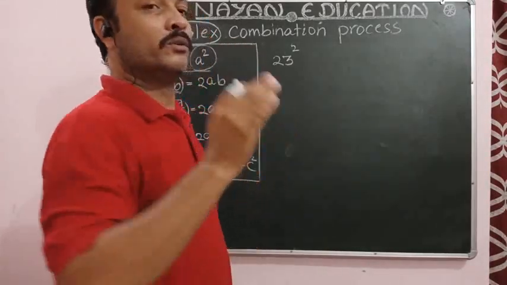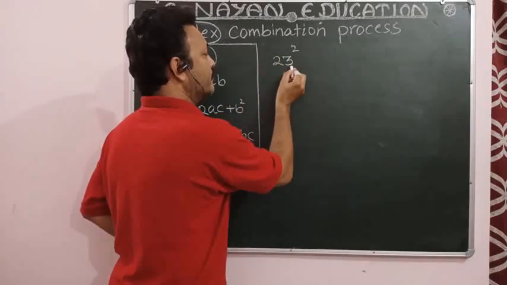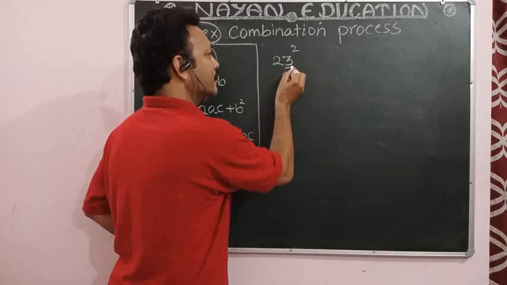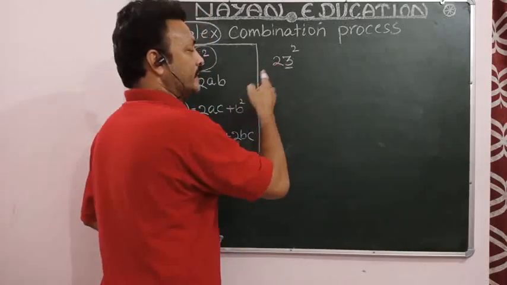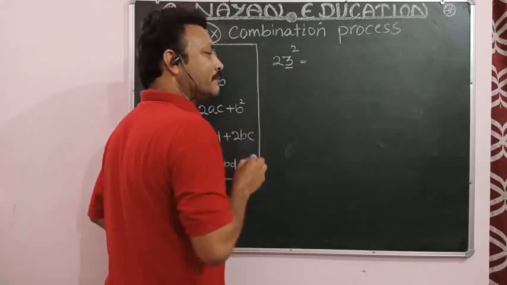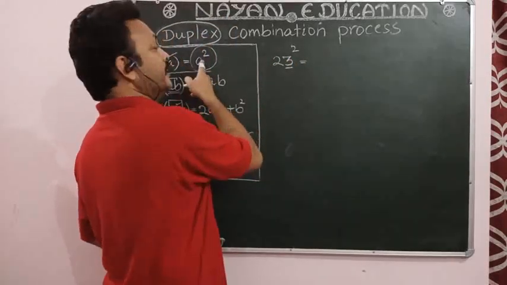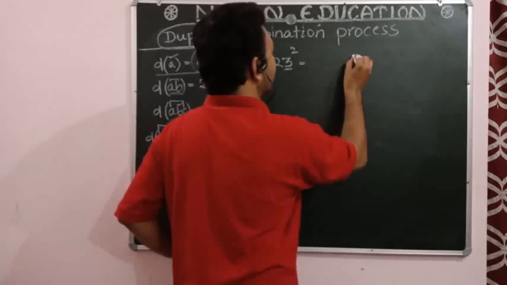When you find the square of any number, first you have to start from the right, that means the unit digit. So what is the duplex of 3? This is a single digit number, and the duplex of a single digit number is its square. That is 3 square. Duplex of 3 is 9.